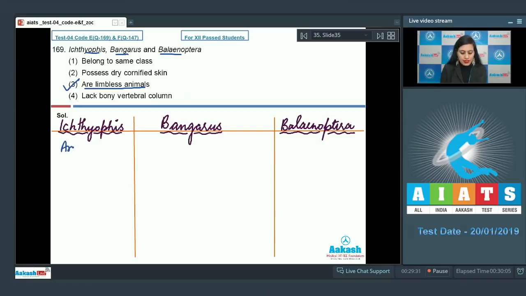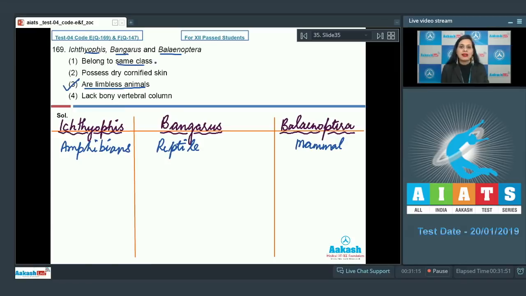Ichthyophis, which is an amphibian. Bungarus, which is commonly known as krait, belongs to the class Reptilia. It's a reptile. And Balaenoptera, which is commonly known as blue whale, belongs to the class Mammalia. It's a mammal. And all these three organisms are limbless animals.